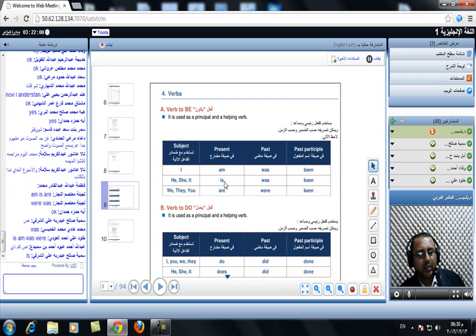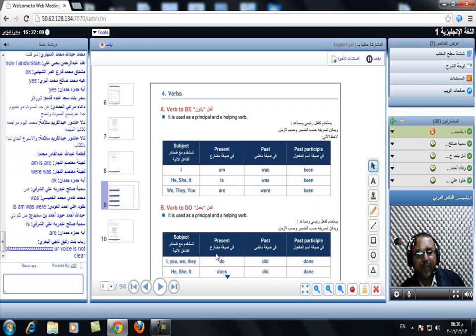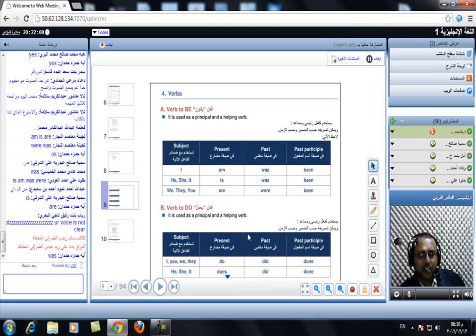He, she, it: in the present is, past was, and past participle been. They, we, you: are in the present, were in the past, and the past participle is what? Been. So been is the past participle of all of them.